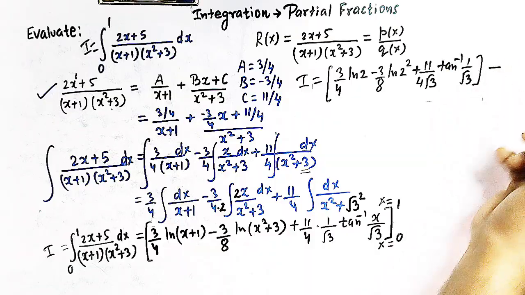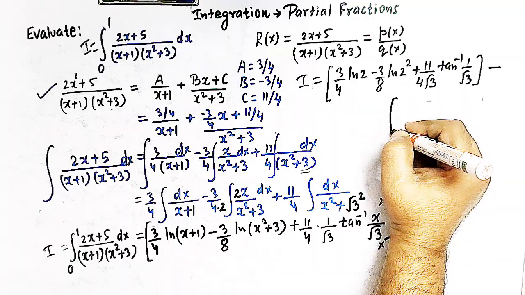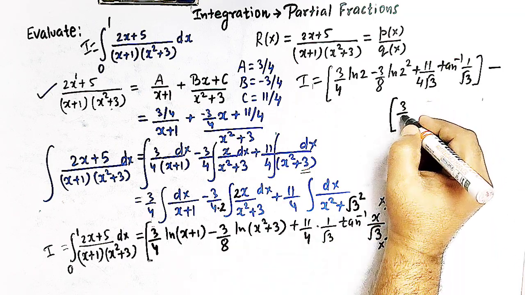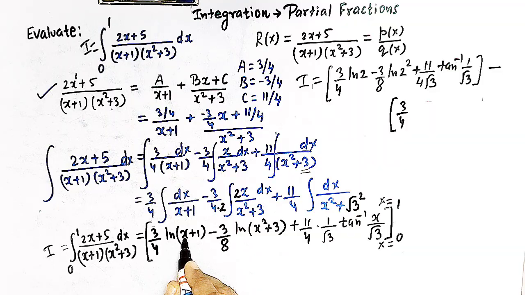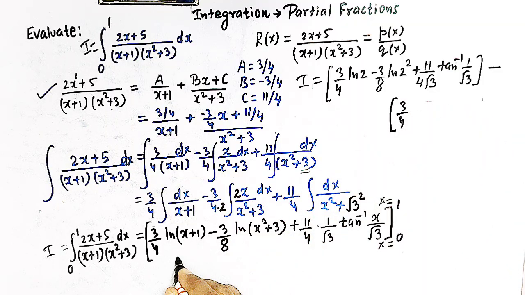Then we have the negative sign, that is we have to take the difference, and then we have x is equal to 0. So we have 3 over 4, and 0 plus 1 is 1, that is natural log of 1, and natural log of 1 is 0.